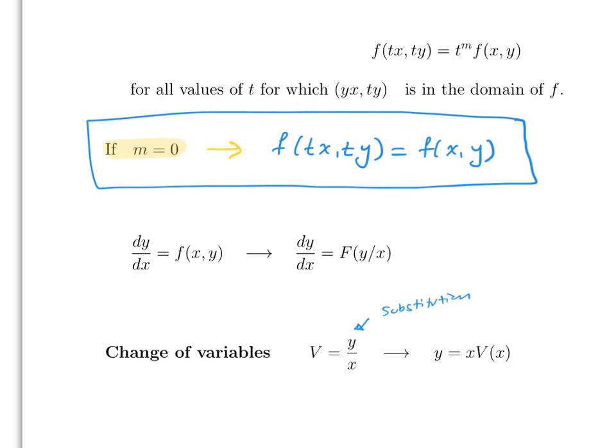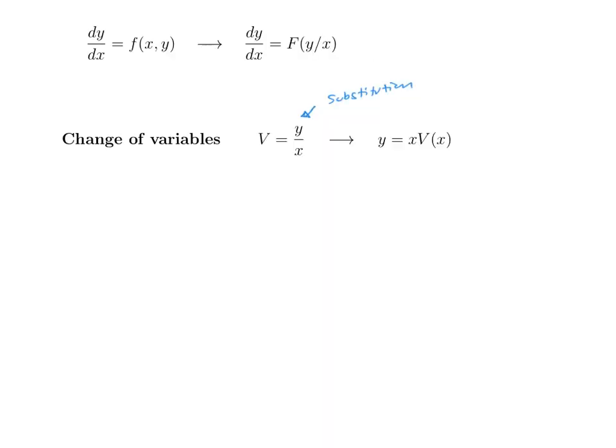Now, don't forget that y is technically still a function of x. So from here we have y is equal to x times v of x. If we take the derivative on both sides with respect to x, we will get dy dx.